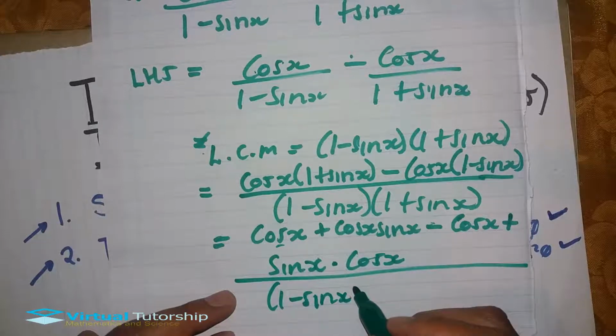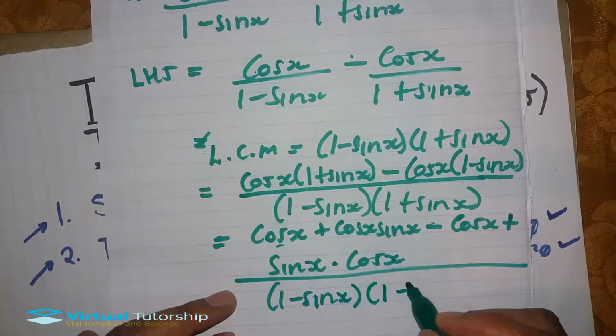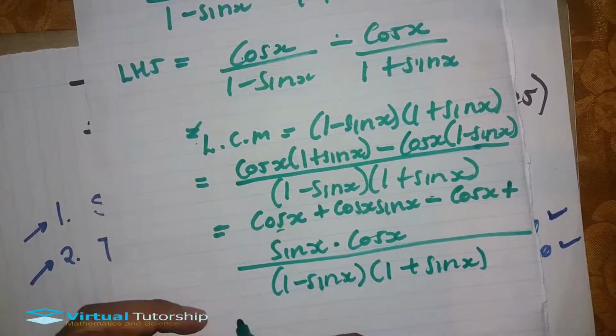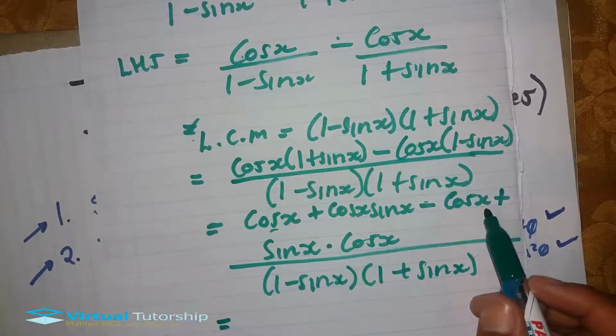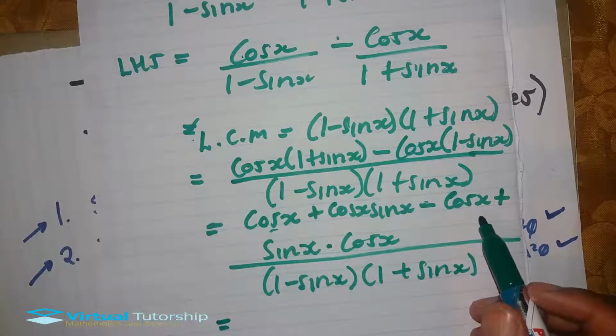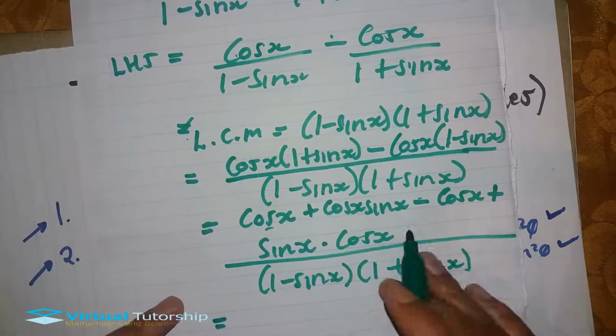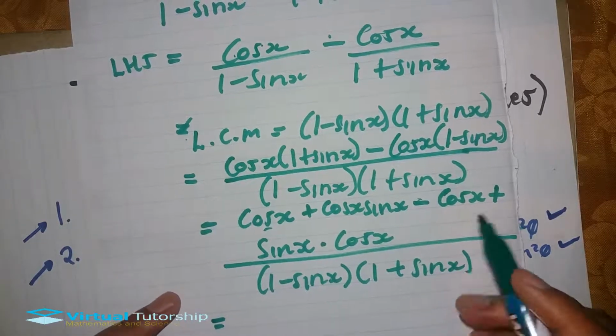Yo, this thing is ugly now. Okay, let's go back to the numerator and look at the like terms and unlike terms, then add them.